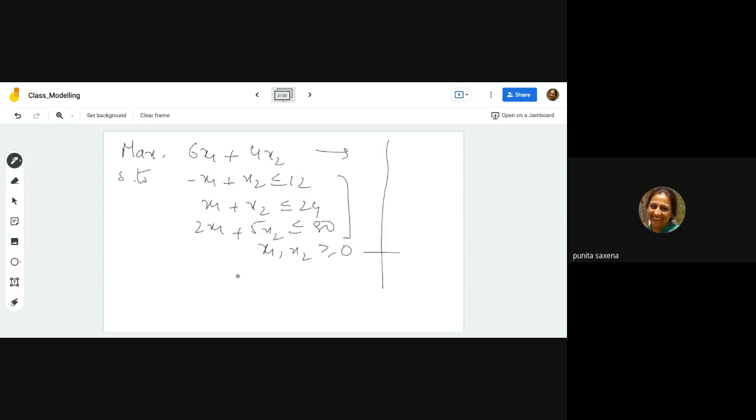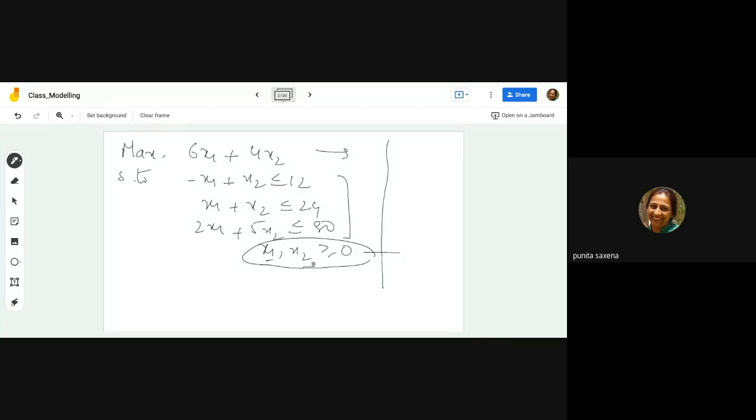When we are solving algebraically, we will not mention the non-negativity restrictions every time because we are assuming them. When we discussed the one-to-one correspondence between the geometrical and the algebraic, I explained that whenever a decision variable takes a negative value, it fails to be a feasible solution.